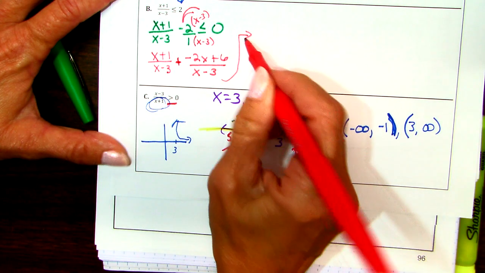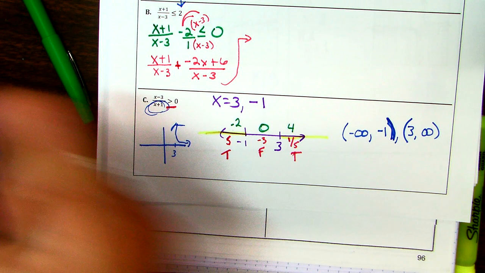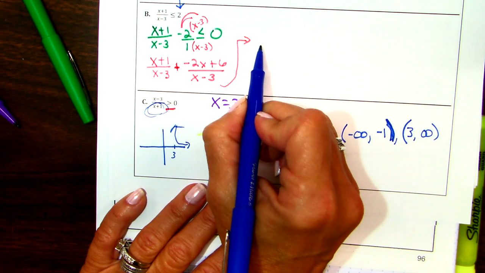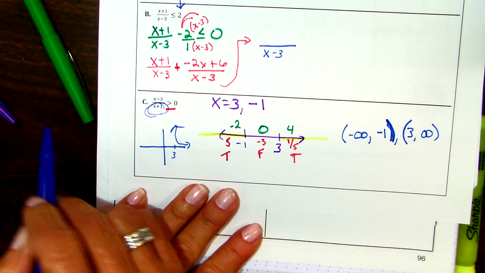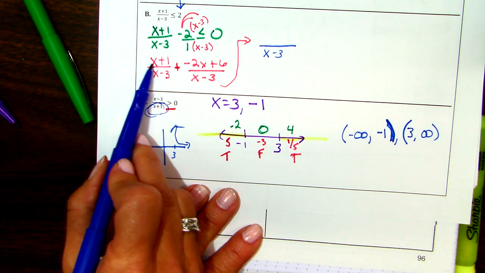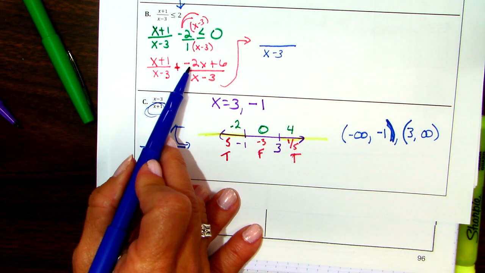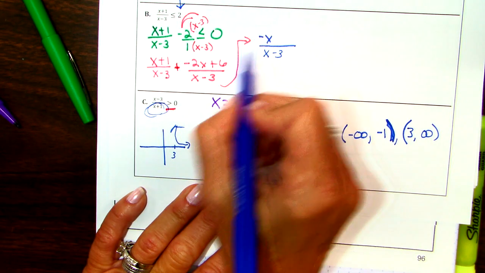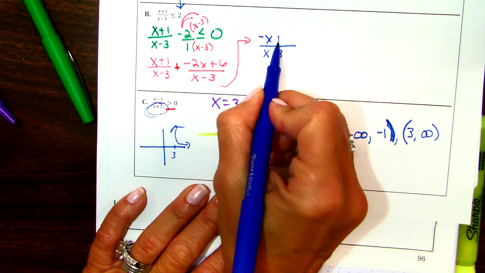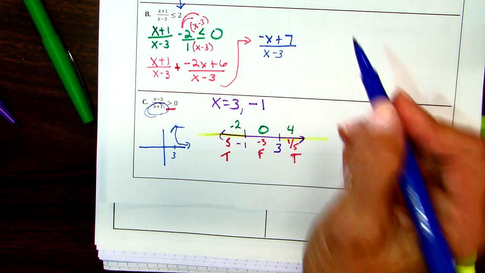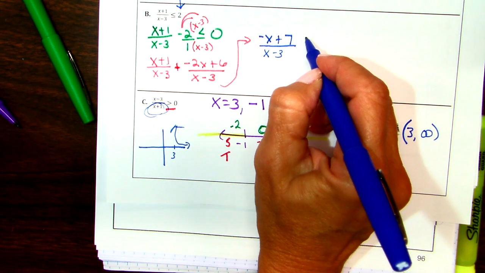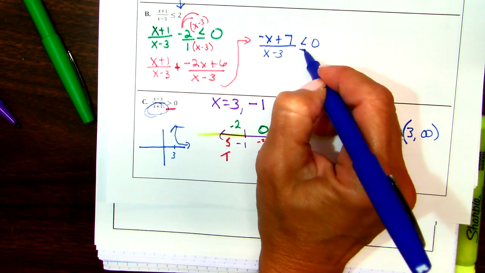And I'm just going to put it together under 1 denominator. So x minus 3, and then just combine like terms. I have x minus 2x, which is negative x, and 1 plus 6 is 7. Or I could have written 7 minus x. And that would be less than or equal to 0.